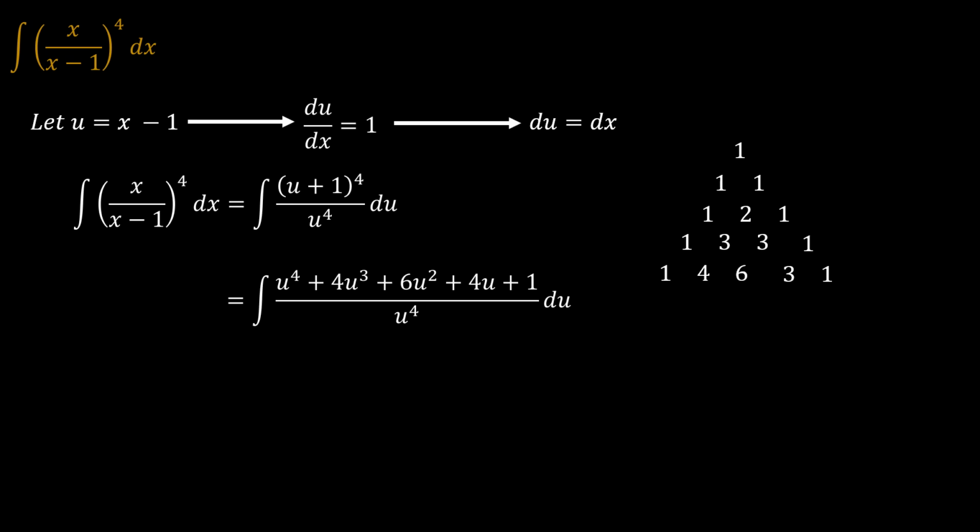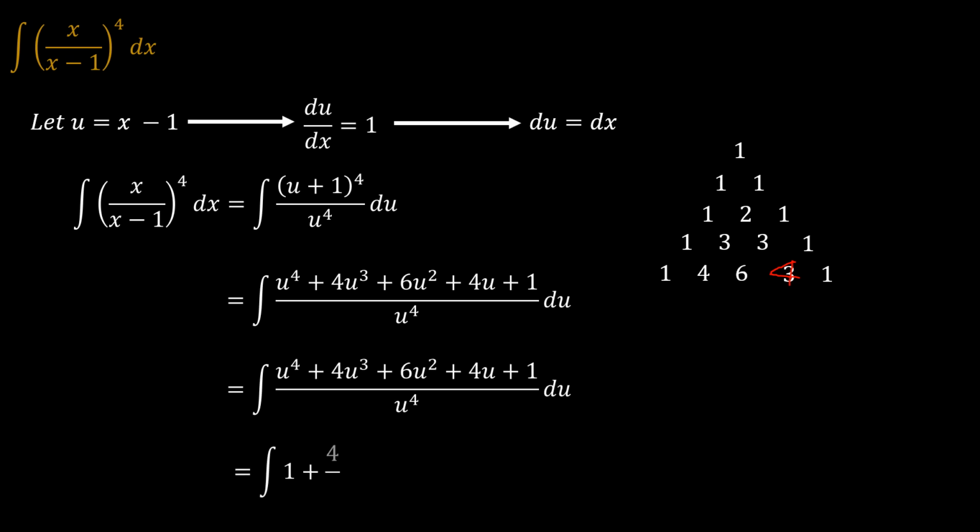I should have paid more attention. My pen is not working. Okay, this is 4u and then 1. Then we divide through by u to the power 4. That results to 1, 4 over u, 6 over u squared, 4 over u to the power 3, and 1 over u to the power 4.